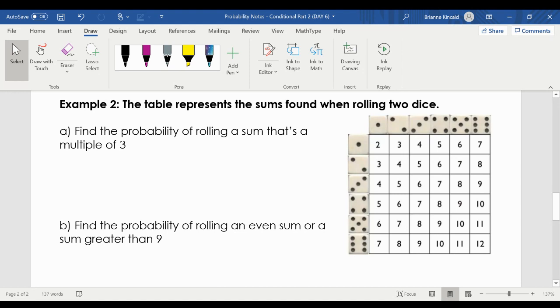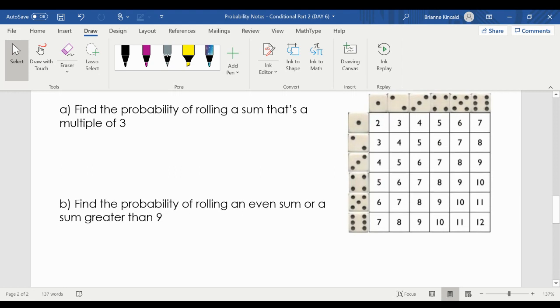Second example, the table represents the sums found when rolling 2 dice. Find the probability of rolling a sum that's a multiple of 3. You have one event here and no condition, so all I do is highlight everything that's a multiple of 3.